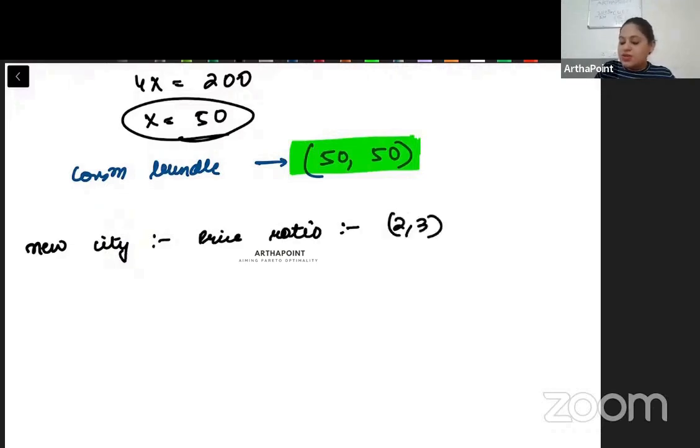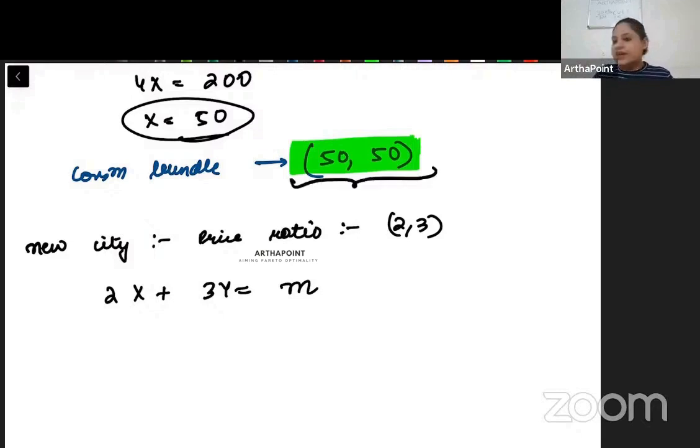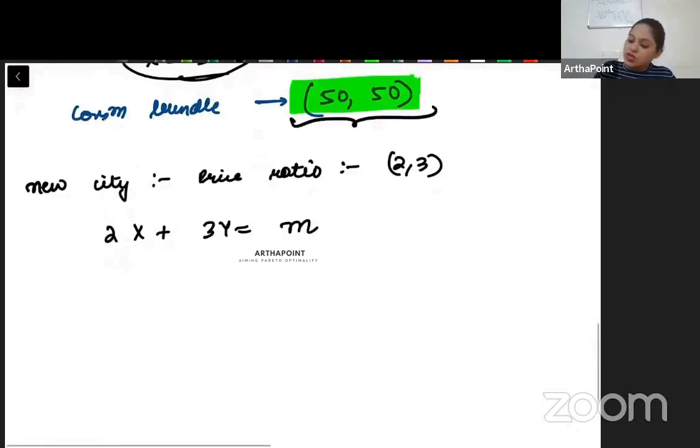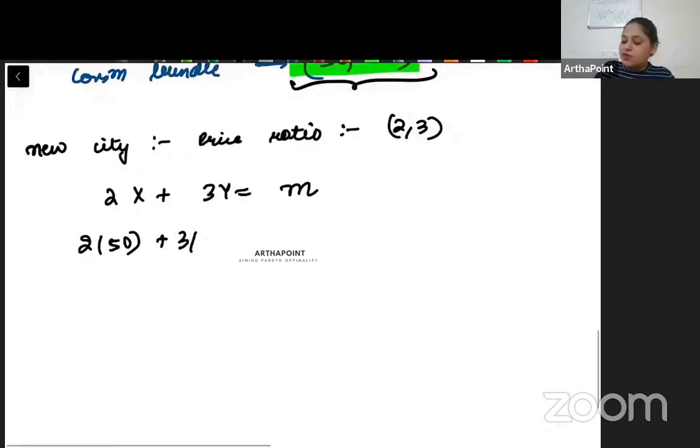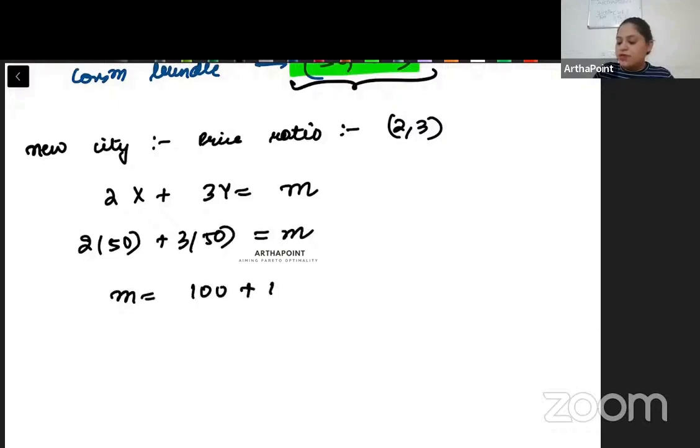So 2 into X plus 3 into Y should be equal to his income. He wants to consume the same bundle that he was consuming earlier. He does not want to stop that. So 2 into 50 plus 3 into 50 is equal to M. So M is equal to 100 plus 150, which will be 250.